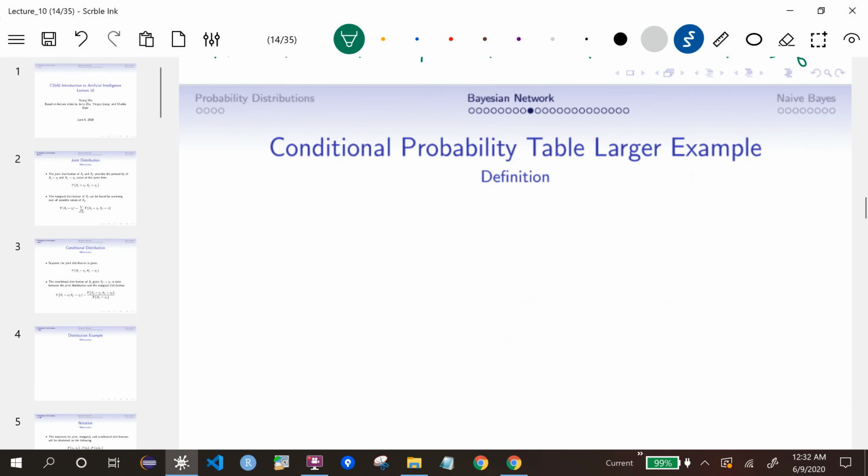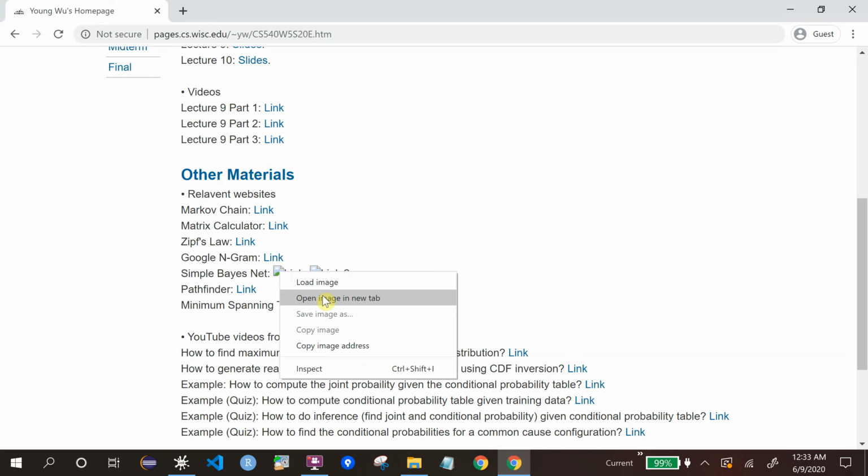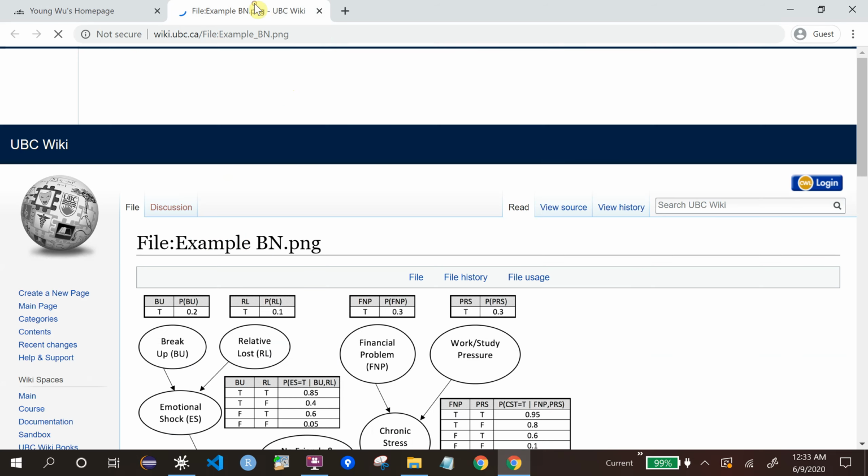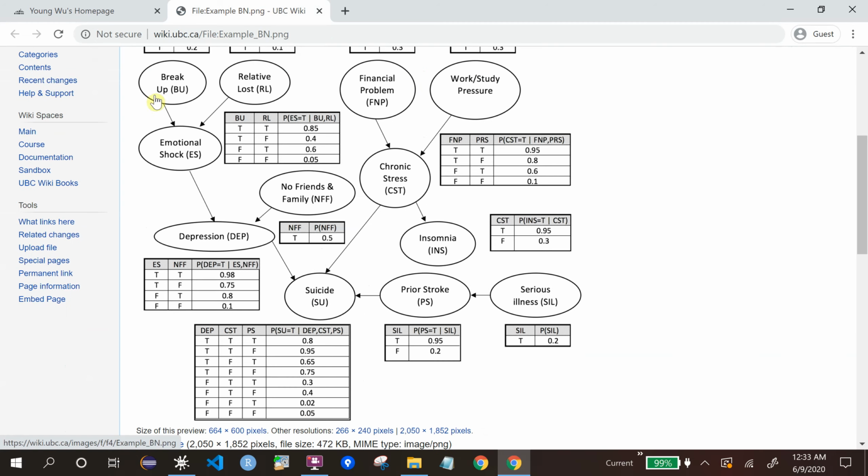On my website, there are actually many examples with more variables. Let's see here. The first one is this one. You need to right click and open it in another window. Here it's a Bayesian network linking a lot of the variables related to suicide, I think.